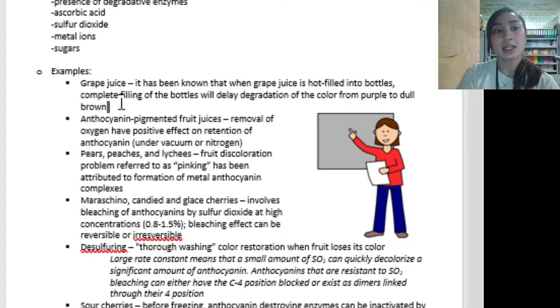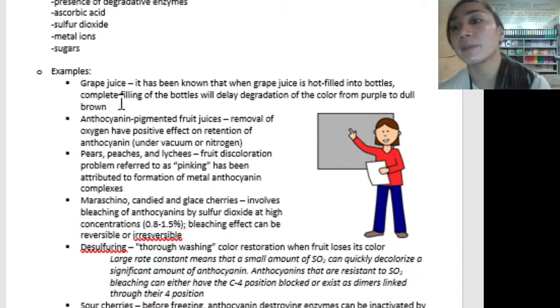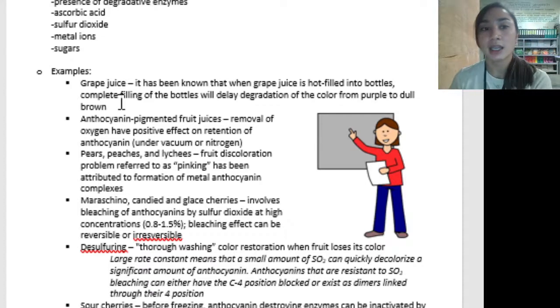So, kaya minsan ang grape juice natin is pinapalamig muna siya bago siya i-transfer sa kanilang bottles kasi hindi makukumpleto, lalo na pag large production, nagkakaroon ng change of color na nagiging purple to brown daw.